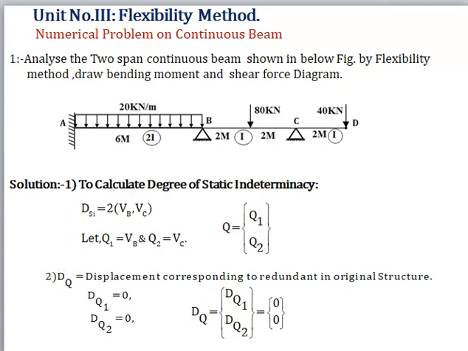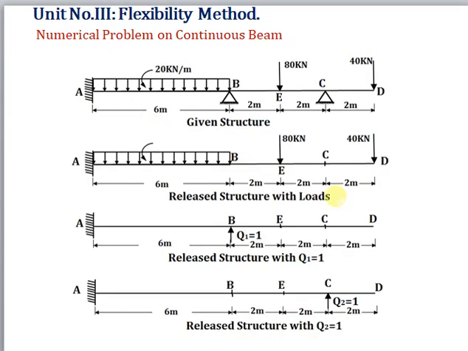Now next, draw the released structure with the load. Released structure with load means remove the redundant forces at B and at C, so remove the supports B and C. That is the released structure with the load, and the load you have to show.